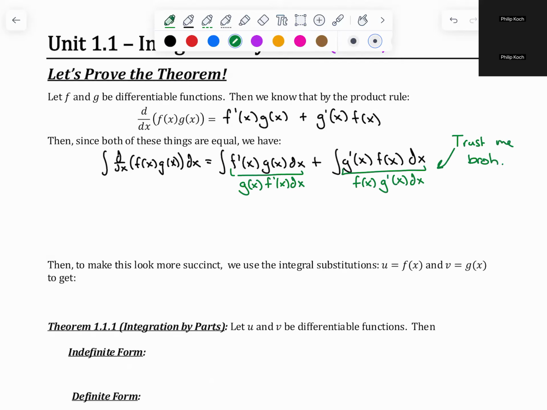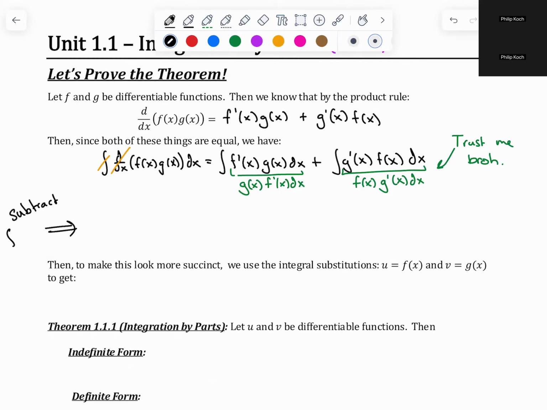Now, what we know about derivatives and integrals is that for the most part, they are inverse operations of each other. So if we have the integral of a derivative, that just undoes itself, and we just get back the integrand. So these things cancel essentially, and we've now got f of x, g of x.